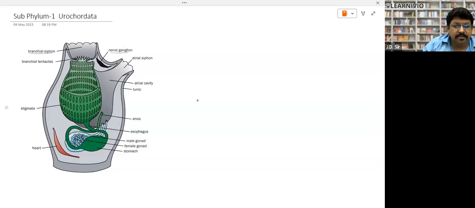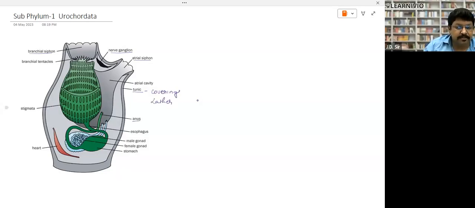Nerve ganglia means brain-like stuff. Atrial siphon is another siphon. Tunic is a leathery membrane, a covering made up of leather, right?